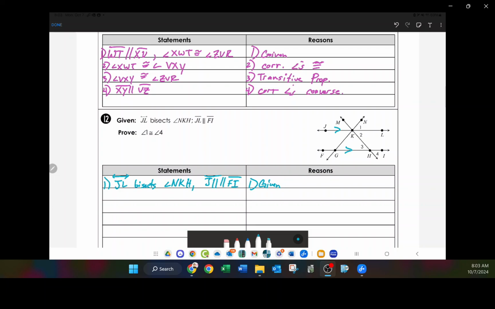Now, anytime we're given that an angle is bisected, we are going to use the definition of angle bisector. What does the definition of angle bisector say? If we know that JL bisects angle NKH, we can say that angle 1 is congruent to angle 2 by definition of angle bisector.